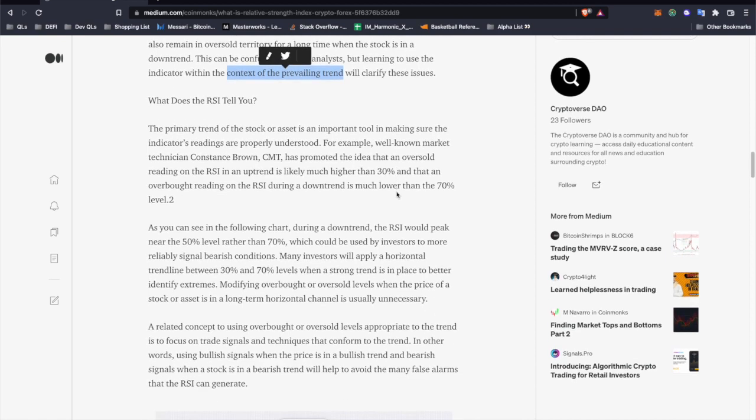What does the RSI tell you? Well, the primary trend of the stock or asset, obviously a very important tool in making sure that the indicator's readings are properly understood. So there's a guy called Constance Brown, a well-known market technician, CMT, who has promoted the idea that an oversold reading on the RSI in an uptrend is likely much higher than 30%, and that an overbought reading on the RSI during a downtrend is much lower than the 70% level.